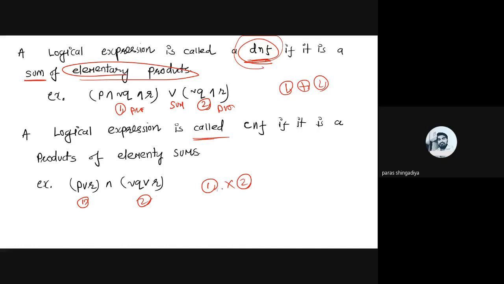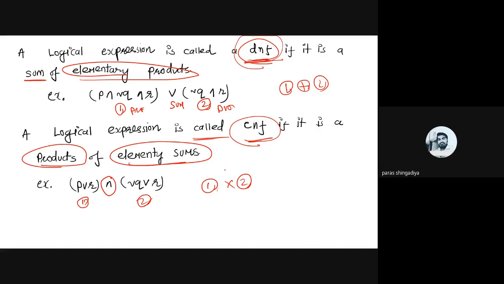That is 1 into 2, a product sign, but in place of the cross we use the AND operator, which is known as the product of two forms. So it is a product of elementary sums, called CNF. A sum of elementary products is called DNF, and a product of elementary sums is called conjunctive normal form, CNF.